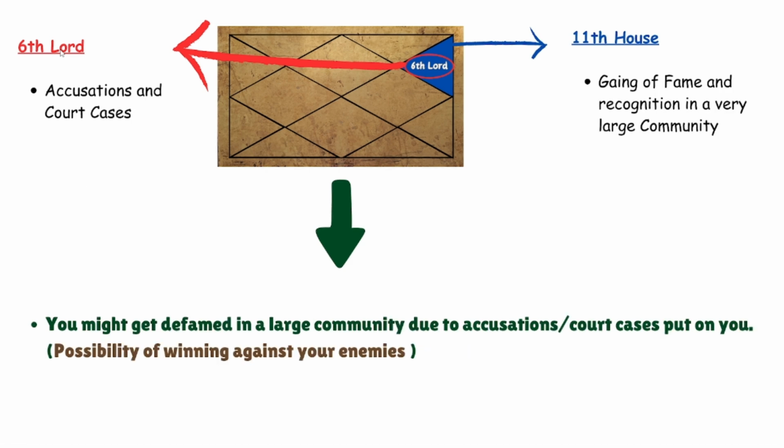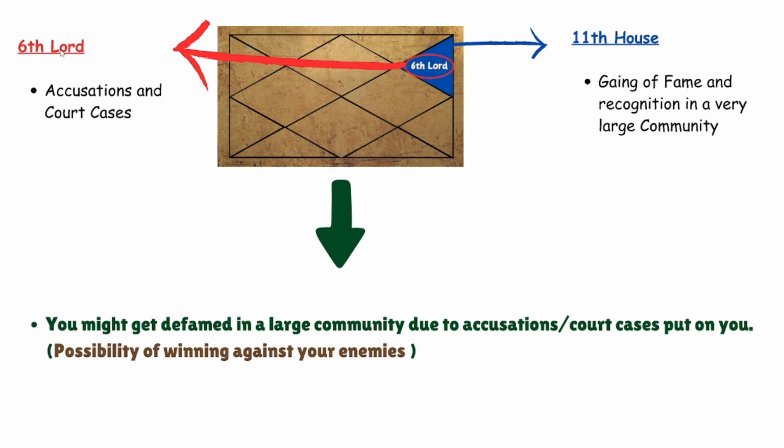The sixth lord is the lord which brings in accusations and court cases. And the 11th house is the house which gives you name and fame, recognitions, awards, accolades in front of a very large community.